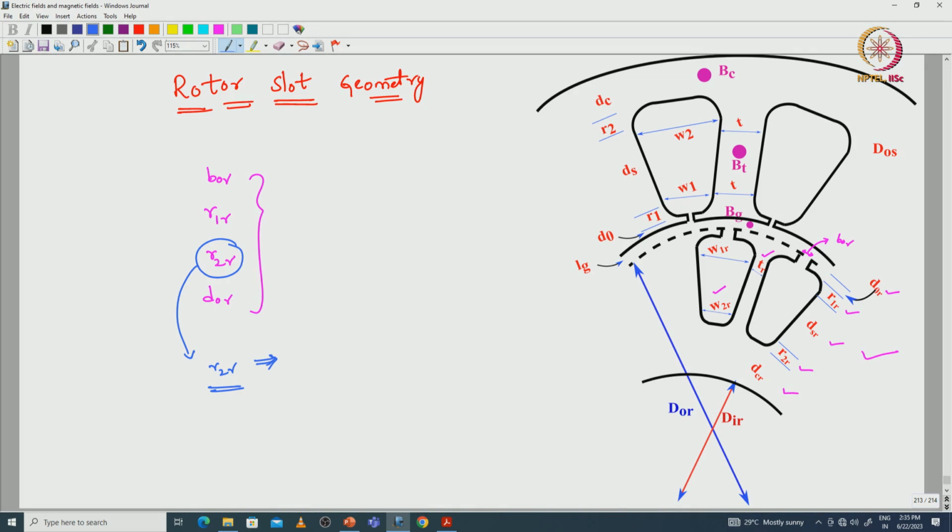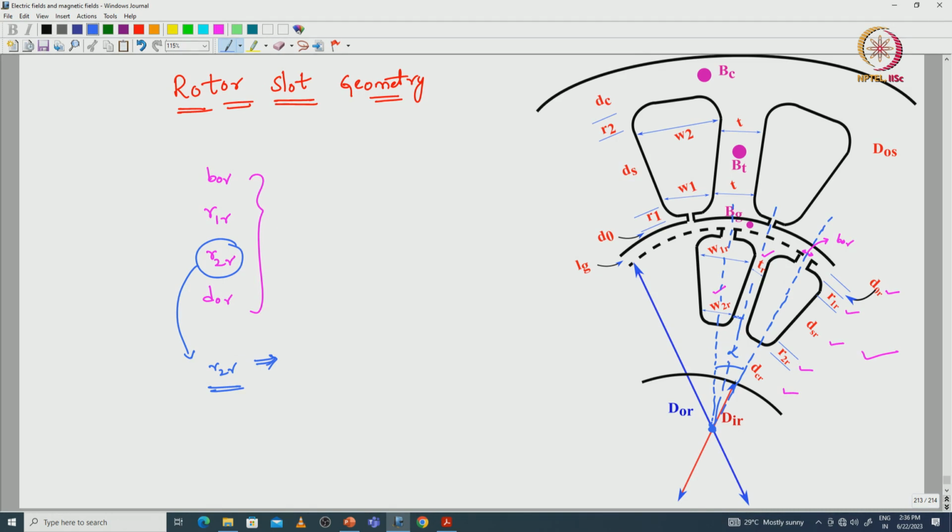Let us consider this is the center point of the machine, and if I draw a line from this point to the midpoint of one rotor slot and the midpoint of the next slot, or half cross section, then this angle is alpha, the slot angle with respect to the rotor, and half of this will be alpha by 2.